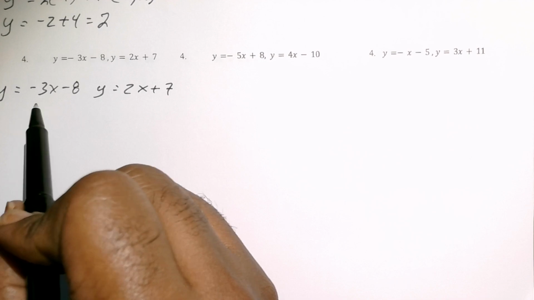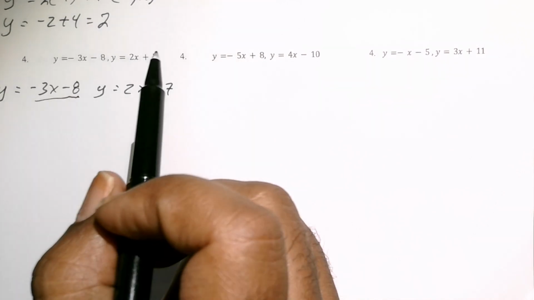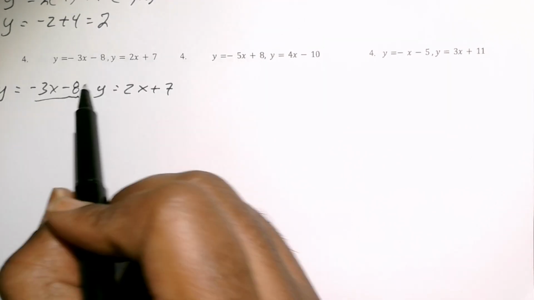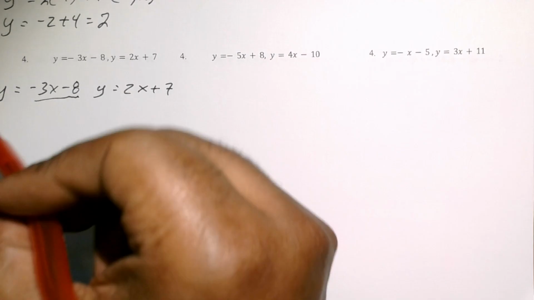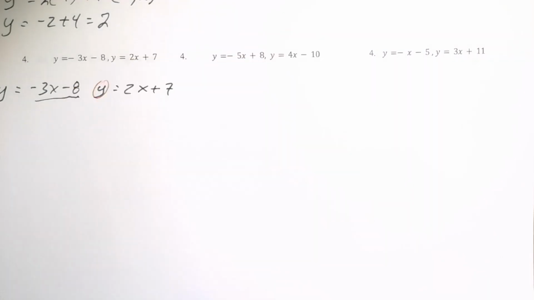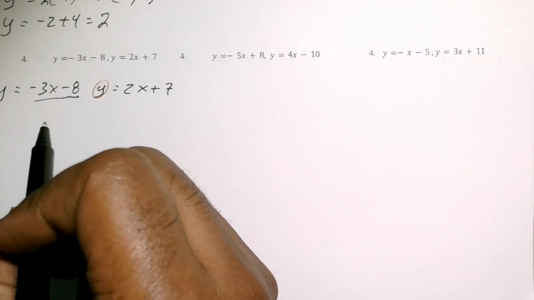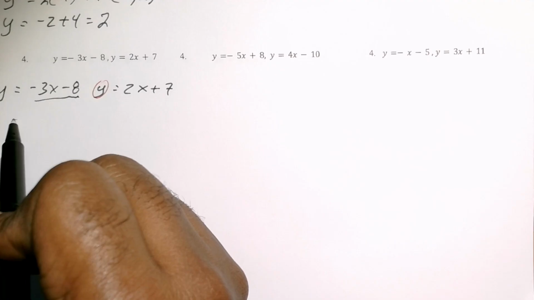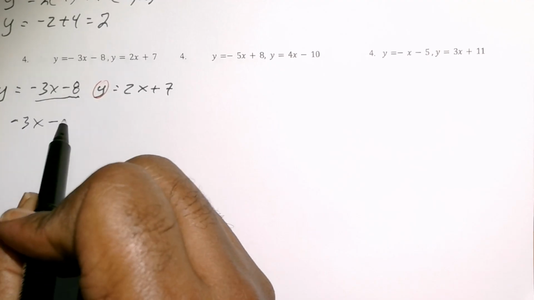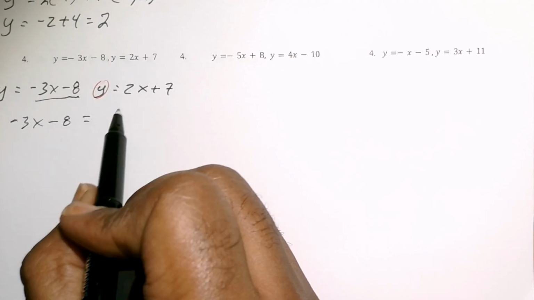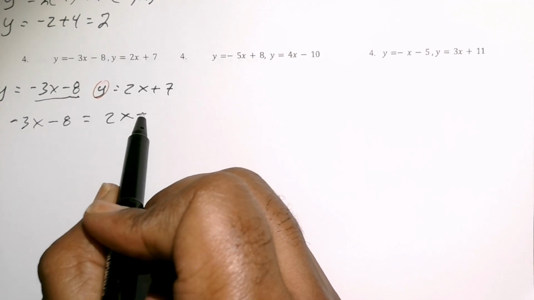So everywhere I see a y, I'm going to put in negative 3x minus 8. So this y right here will get changed into the negative 3x minus 8. So instead of y equals, we're going to have negative 3x minus 8 equals, and then 2x plus 7.